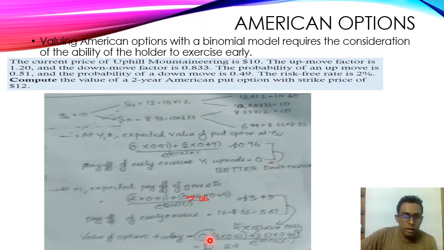So while valuing the option, I'll be taking the highest expected possible outcome, that is 0.96 at the up stage and 3.67 at the down stage. So 3.67 into 0.49 plus 0.96 into 0.51, and I'll be bringing it back to now. So we're bringing it back with e raised to 0.02 into 1, which gives us $2.24, which is our value of the option.